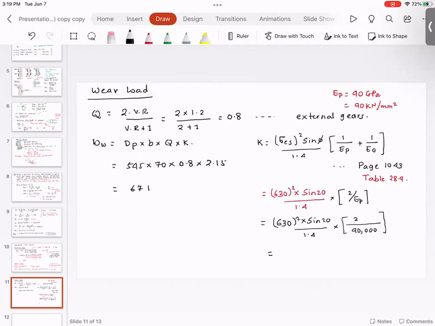Wow, 67 kilonewtons. So WD is less than WW. Your design is safe.